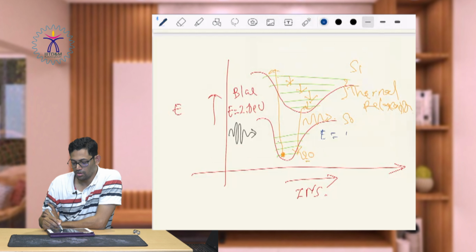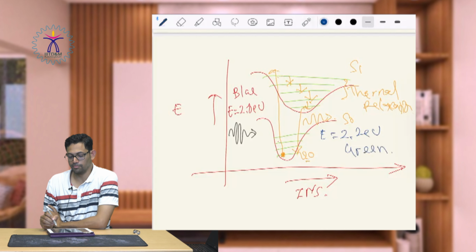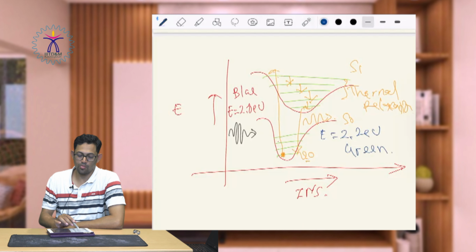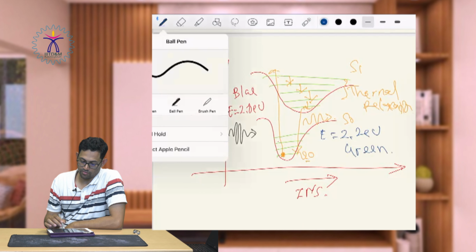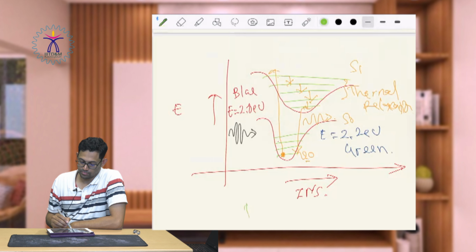So it would be around 2.2 eV, which may represent the green color. Okay, so this kind of phenomenon is known as fluorescence.